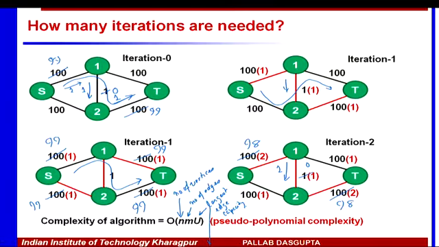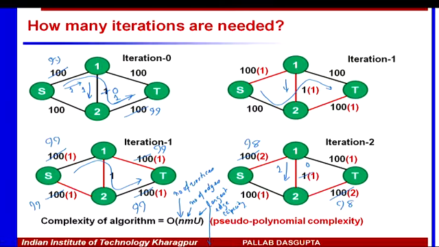Now, here if you look at the input size, n is the number of vertices. So, the size of the graph is given in terms of the number of vertices and number of edges, that is the input size. Now, u is the value of the largest capacity. But when you are taking the problem as an input, u is a number, right?